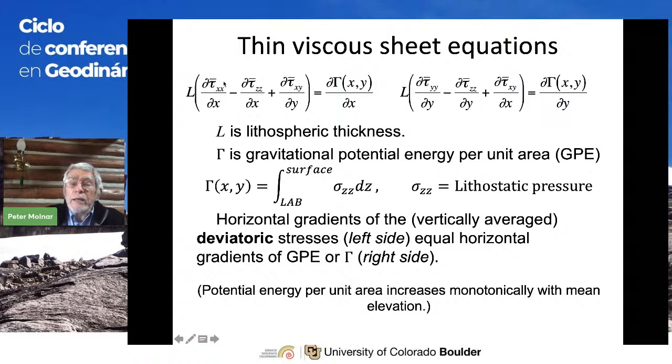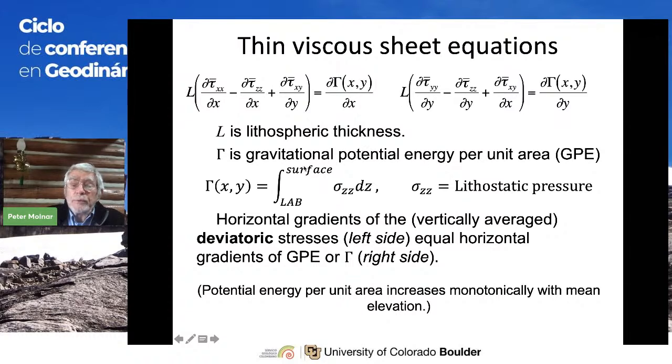And then one has gradients in the average stresses, the average horizontal compressive stress, the average deviatoric stress in the vertical, average shear stress, and that's equal to gradients in potential energy. This is what makes it really simple. This is the simple aspect.